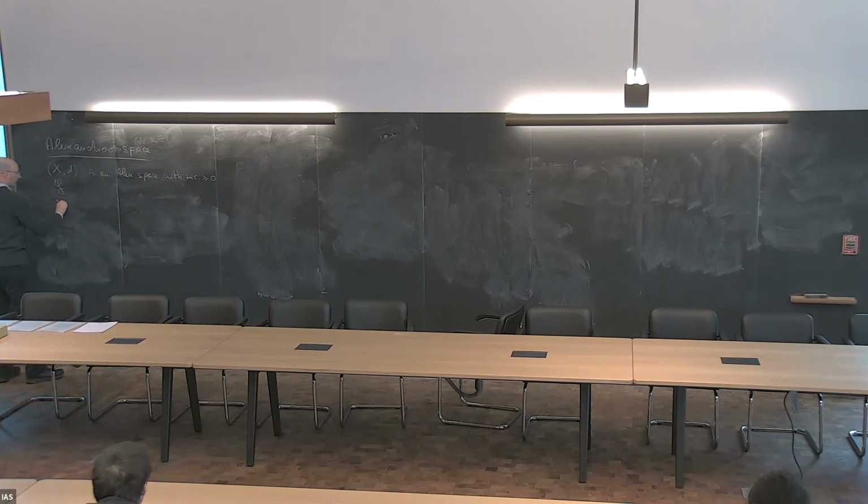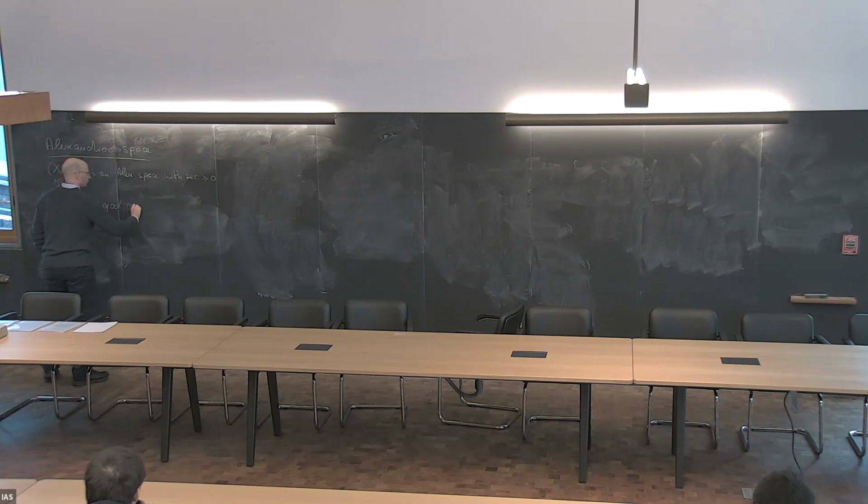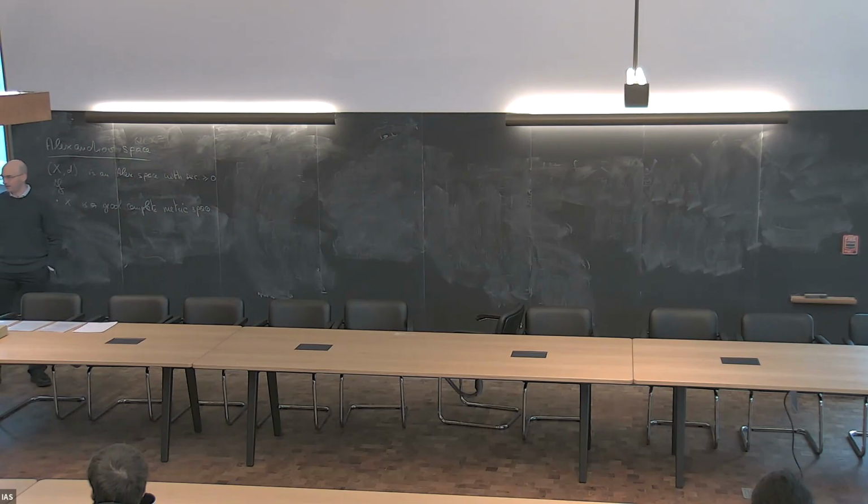okay, so X is a length space, geodesically complete. Let me just say X is a geodesically complete metric space. That means that between every two points I have a minimizing geodesic.